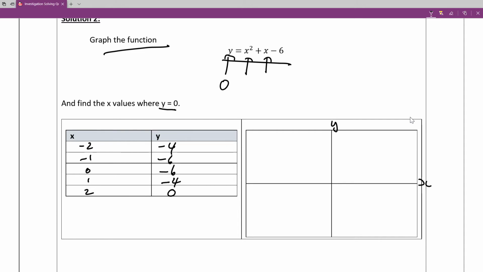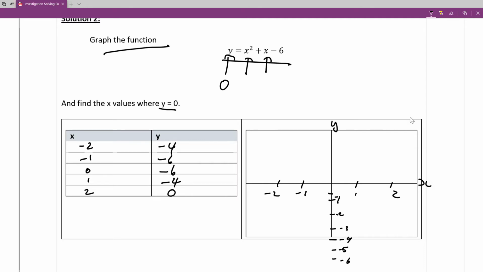So if we graph this, we have negative 2, negative 1, 1, 2. And then we had mostly negative numbers, so we'll go by ones, I guess. 1, negative 1, negative 2, negative 3, negative 4, negative 5, negative 6.